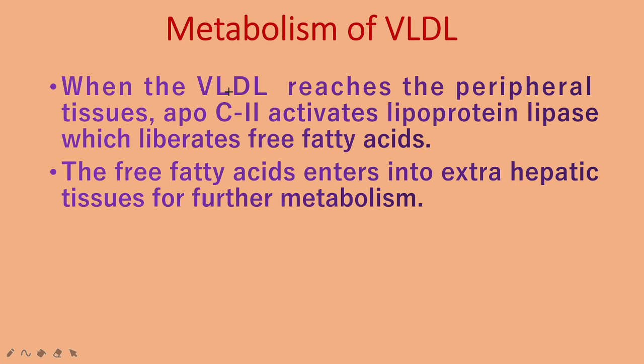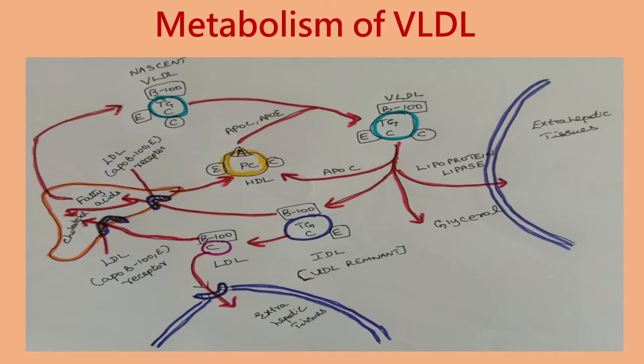So when the VLDL reaches the peripheral tissue, the apoprotein C2 will activate the enzyme lipoprotein lipase, which helps in the liberation of free fatty acids, and these free fatty acids will enter into the extrahepatic tissues for further metabolism to provide energy.